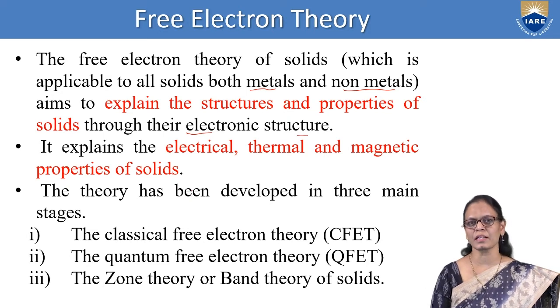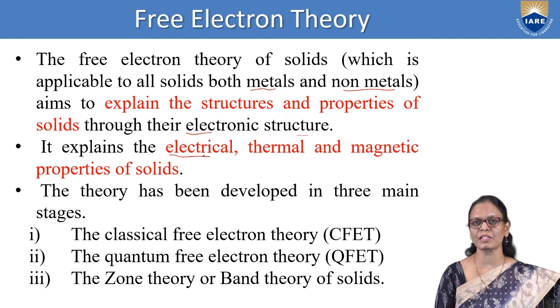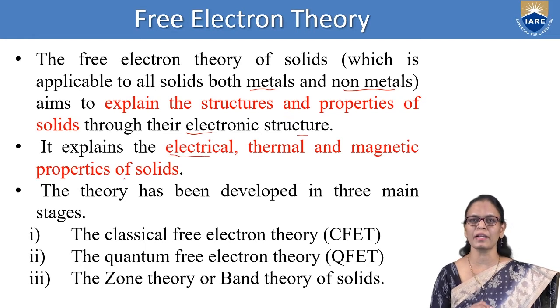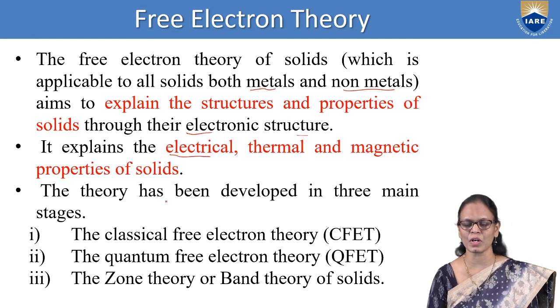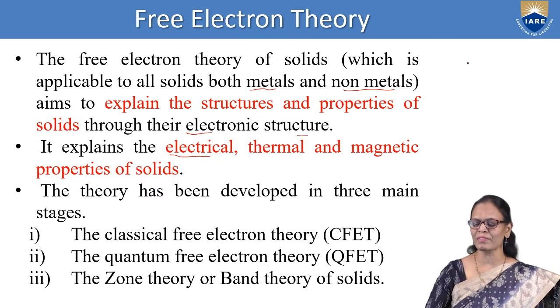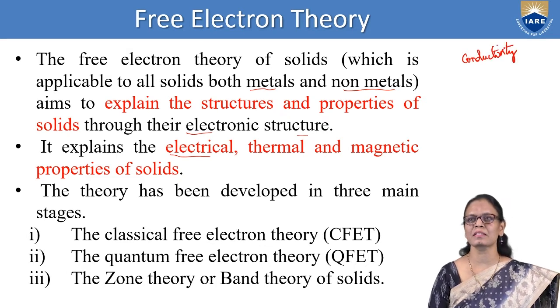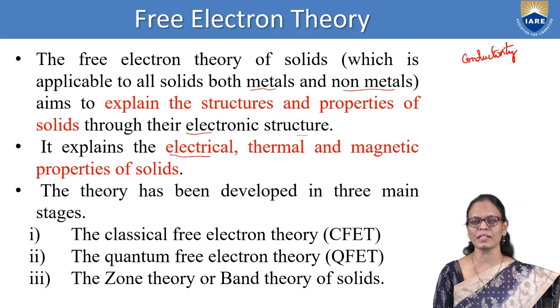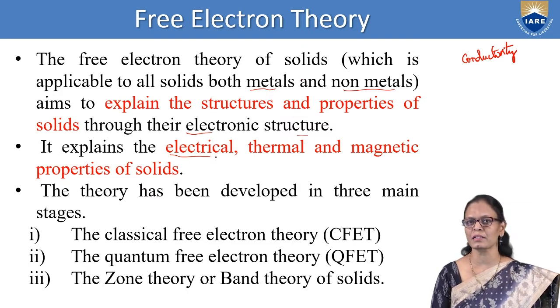Now, this theory, free electron theory, could successfully explain the electrical, thermal and magnetic properties of solids. When it comes to electrical properties, mainly here we talk about conductivity. How do materials conduct? When I'm talking about solids, in that metals if we take, how do metals conduct depending upon their electronic structure or the movement of the electrons?